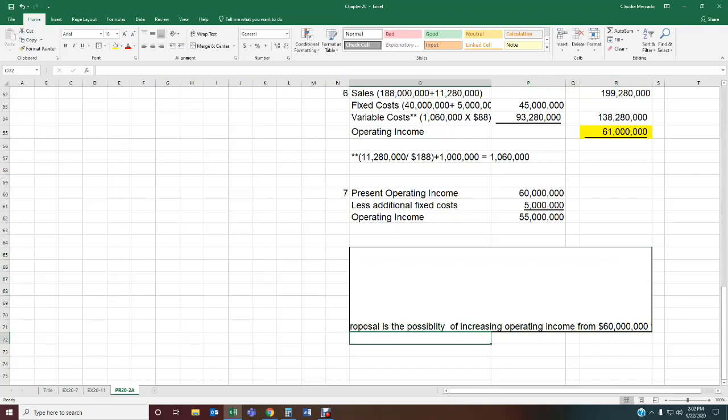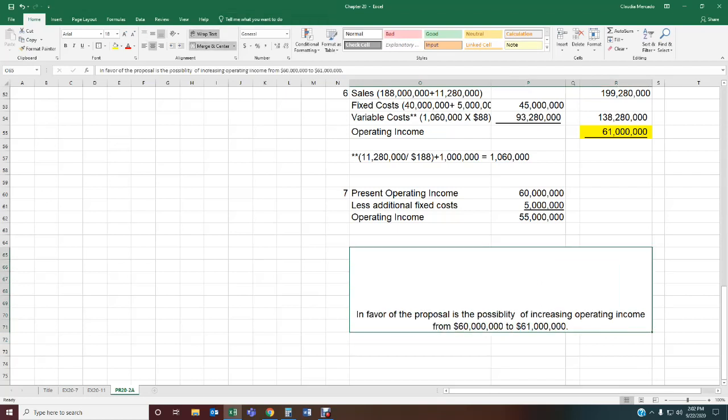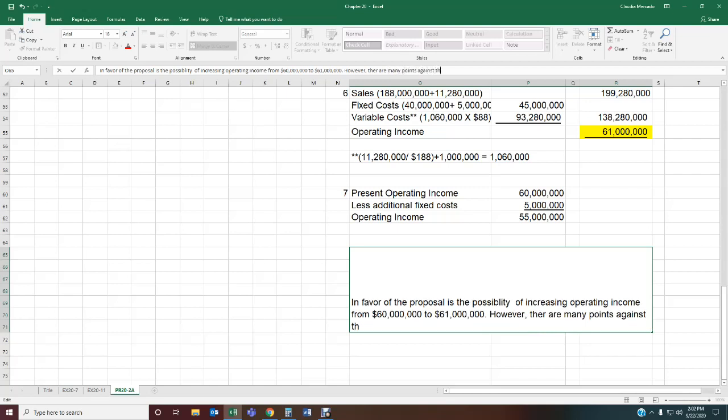However, okay, there are many points against this proposal, such as, okay, the break-even point increases by 50,000 units.